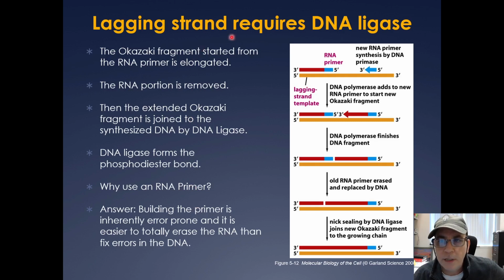When the lagging strand is synthesized, because it's synthesized in small fragments, these Okazaki fragments need an enzyme called DNA ligase to sew them together. So the Okazaki fragments start from the RNA primer, and then as the polymerase is moving down, it chews up that RNA primer to get rid of it.